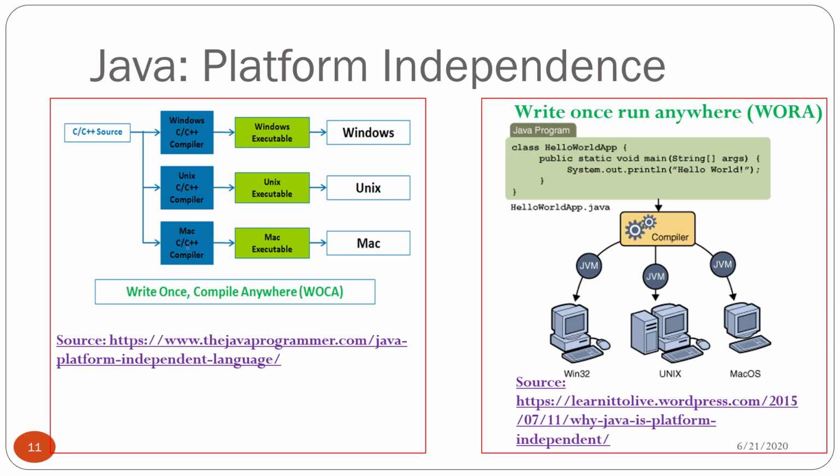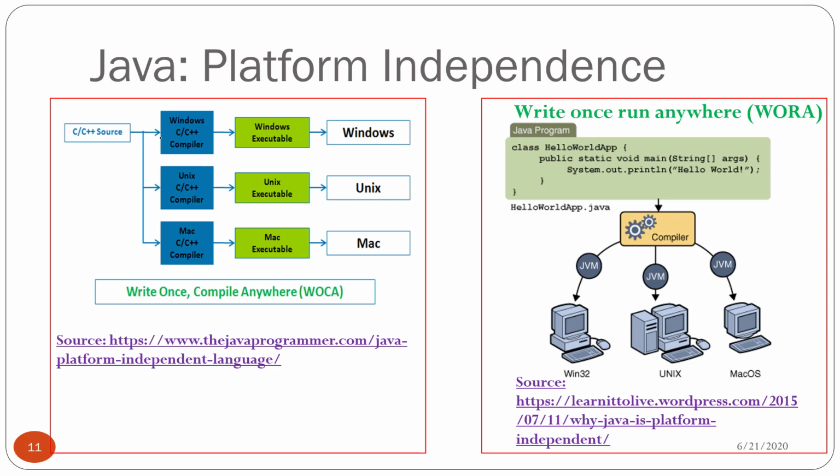So these three compilers, although they are for the same programming language, C or C++, are specific to the operating system that we are using. The program would be the same. You can use the same source code, and it will work on these three different machines. But the compilers that you have on these three machines are all different.